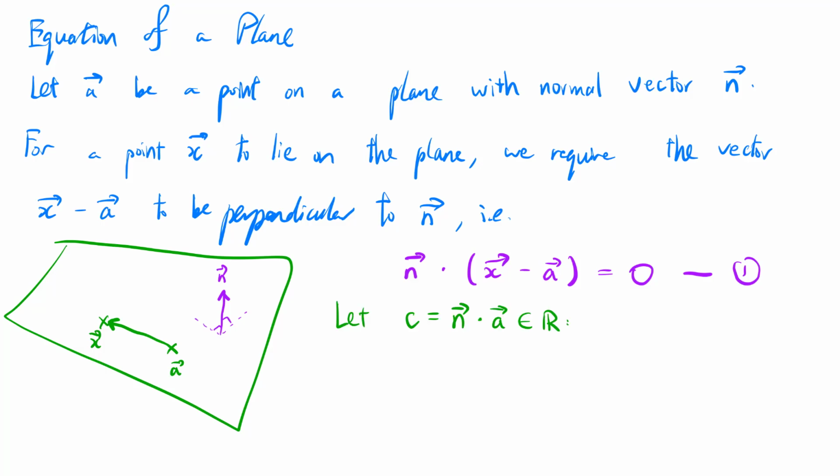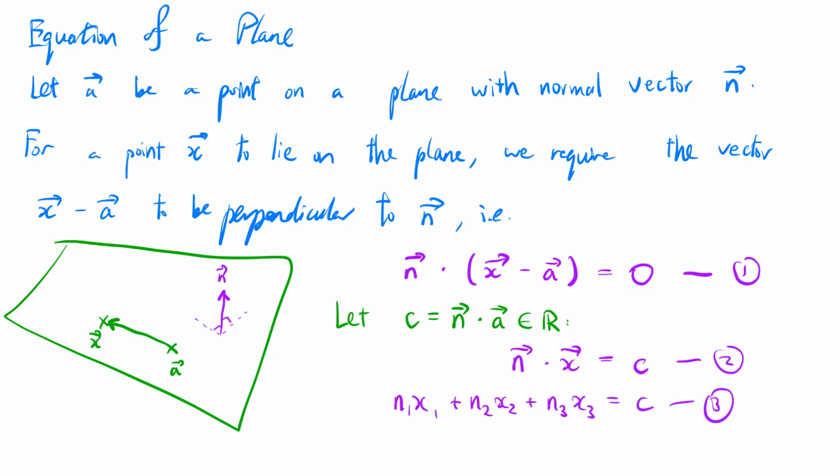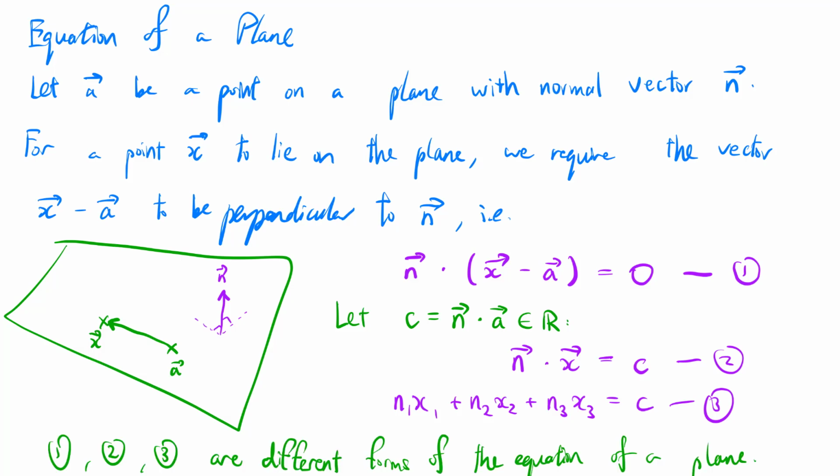If we let c equal n dot a, which is a real number, then the equation becomes n dot x equals c, which we call the second equation. We can use the components of the vectors to rewrite the equation as n1 x1 plus n2 x2 plus n3 x3 equals c, which is the third equation. These three equations are different forms of the equation of a plane.